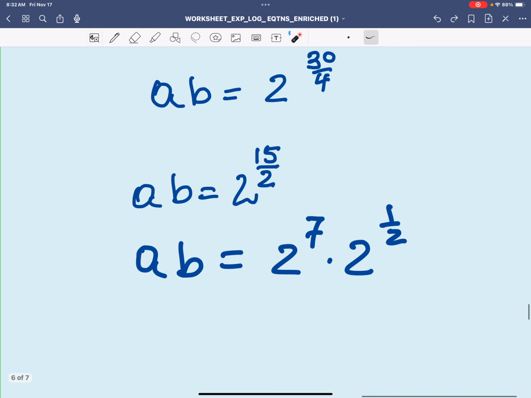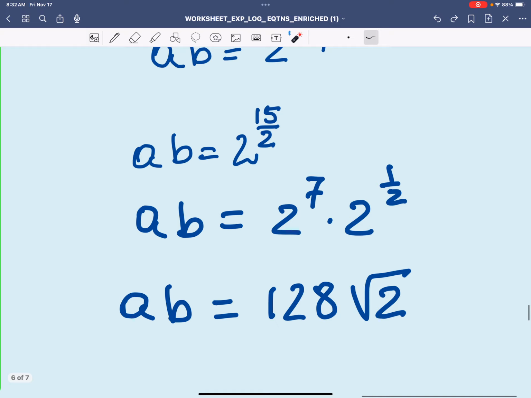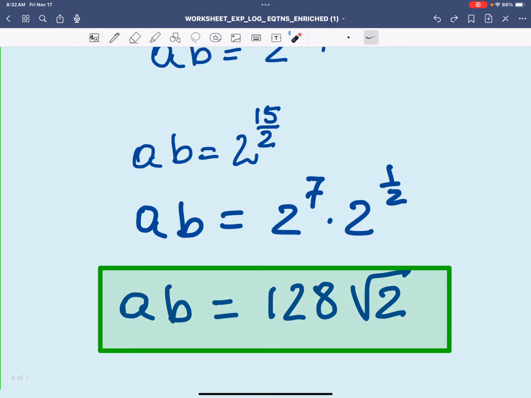So 2 to the power of 7 is equal to 128, and 2 to the power of a half, remember, the power of a half is nothing but a square root. So the product a times b is 128 square root of 2.